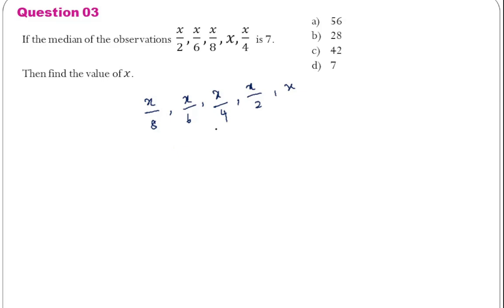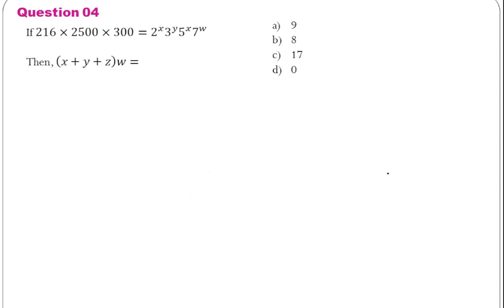So now the middle value is x by 4. So x by 4 is the median value, that is 7, which is provided. So x is equal to 28. The answer is option B.